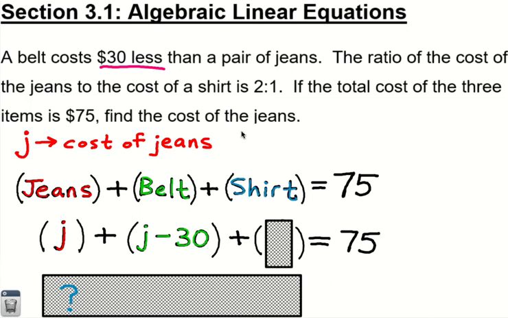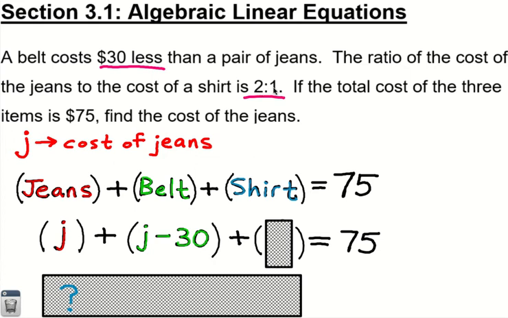And how about the shirt? That's a little bit trickier, I suppose. The ratio of the cost of the jeans to the cost of a shirt is 2 to 1. What that basically means is that the jeans cost twice as much as a shirt.